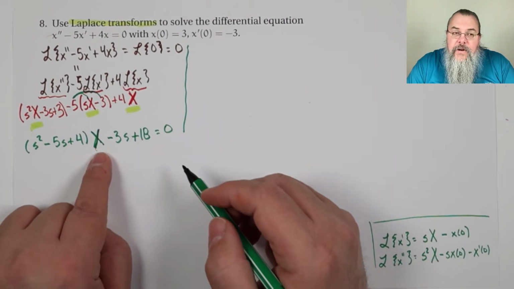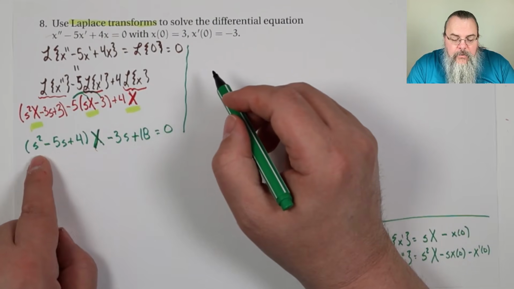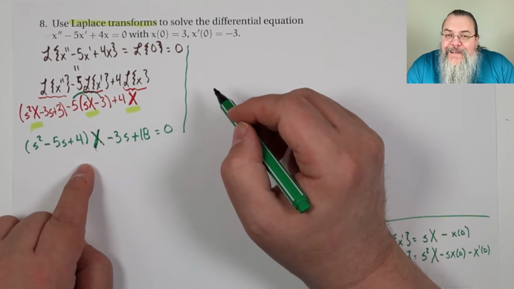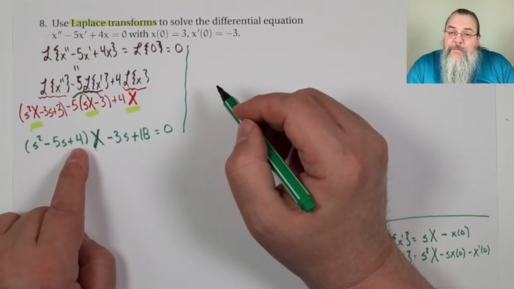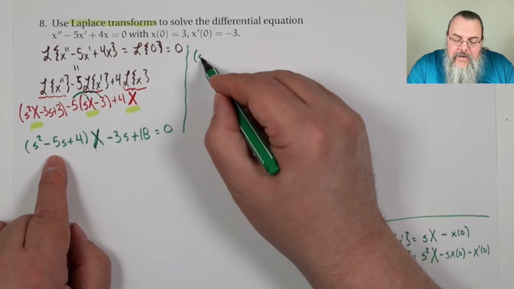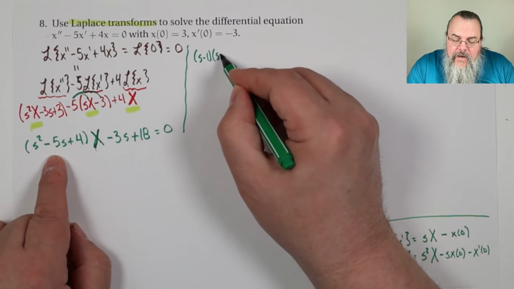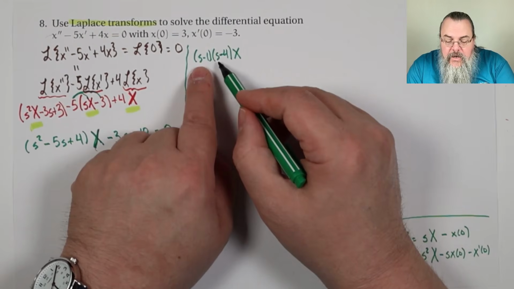Our goal is to solve for X. Now, note s squared minus 5s plus 4. That looks like it factors. We need two things that multiply to 4 and add to negative 5, and let's try it. I think s minus 1 times s minus 4 does it. Let's check. s squared, good.